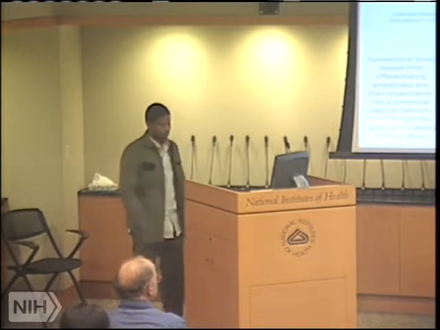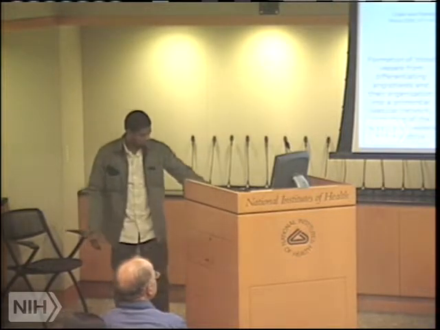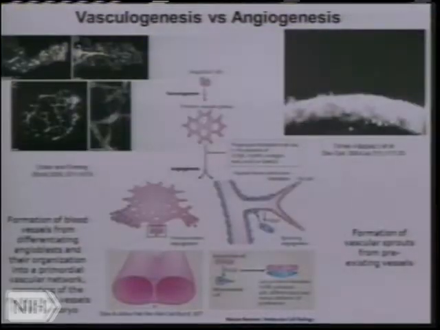So I would like to begin my presentation by defining what angiogenesis is. And I often use this slide that compares two processes that are related but different. One is angiogenesis, and the other one is vasculogenesis. Angiogenesis is the formation of vasculature from pre-existing vessels.